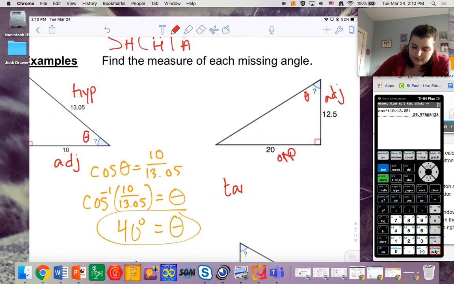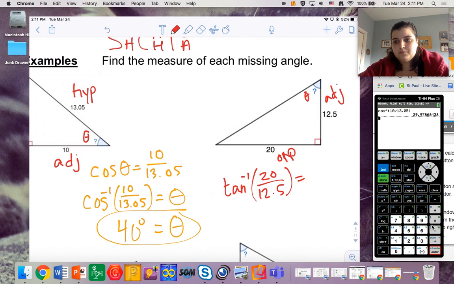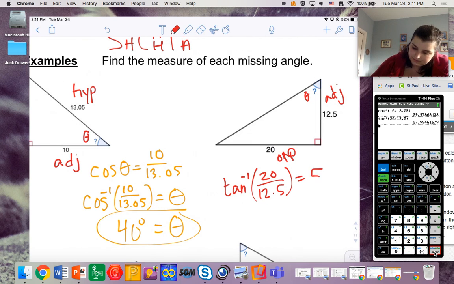Tan inverse, the opposite 20 over adjacent 12.5 will give me, don't forget to press second and then tangent, 20 over 12.5 means the angle measure is 58 degrees.